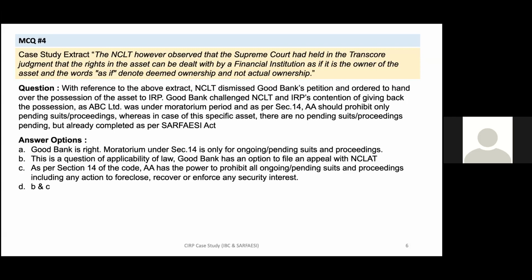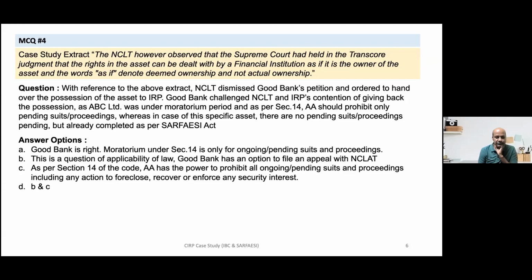Sir, because if we see, yes, the SARFAESI possession happened, so the action completed. But on the other hand, as per the law and the section, if it is completed, then the possession should not have been taken according to Good Bank. So they have an option to get this interpretation of law verified from NCLAT.